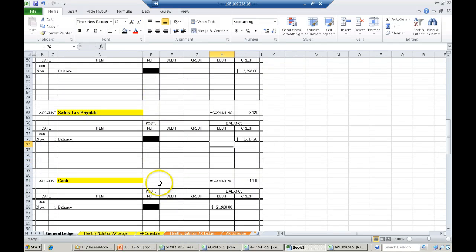Next account we have is sales, which is a sales account in itself. 3,000s are owner's equity accounts. 4,000s are sales accounts. $206,000 and 904. Oops, account number first. 4110.